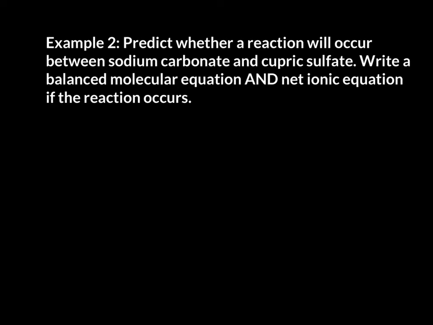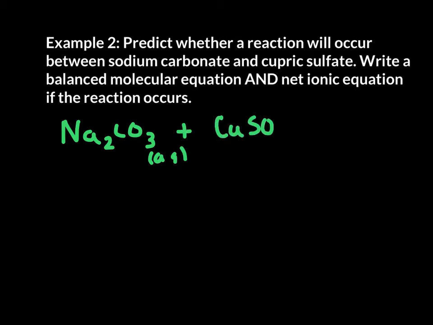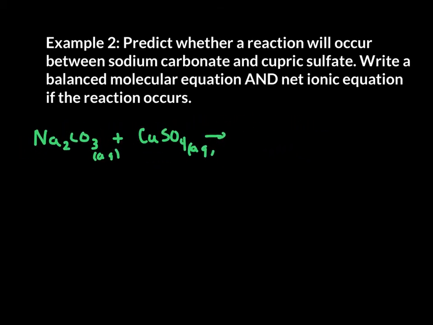We have sodium carbonate. So sodium is a +1, carbonate is a -2, and this is going to be aqueous. And cupric sulfate, cupric is +2, sulfate is -2. We got to shrink that down a little bit here.